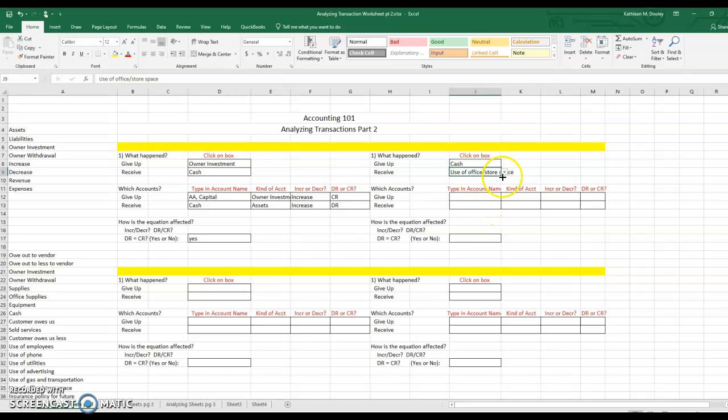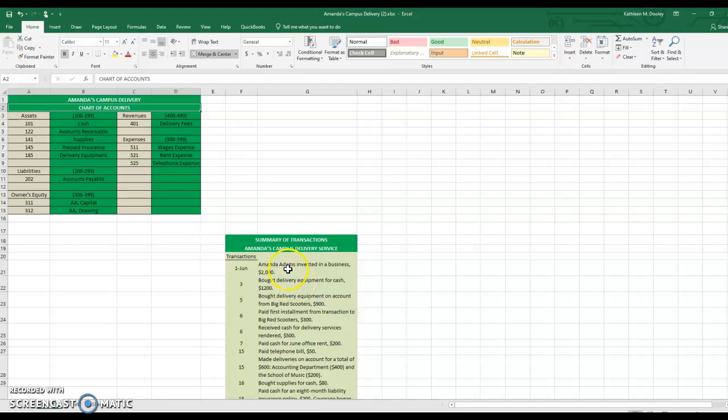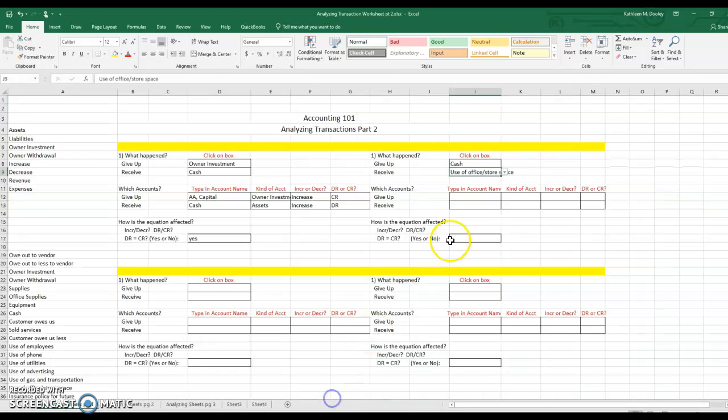And what did we receive? We received delivery equipment. Okay, now when you're putting that in there, in the drop-down box, there is no delivery equipment. So we need to look for something that just says like equipment, just plain equipment.